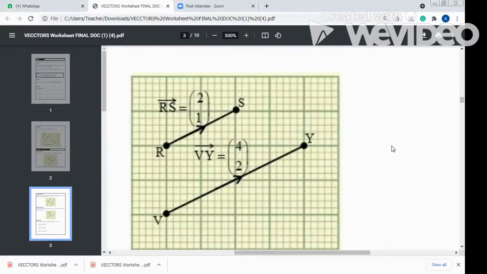Two vectors are terminal. I can't pronounce that word. Just say para-lel. That's all. Parallel.